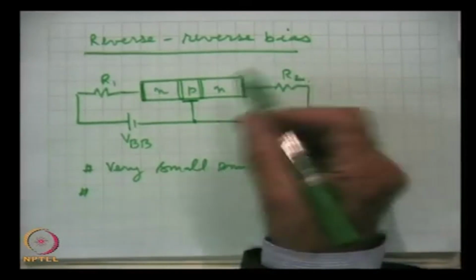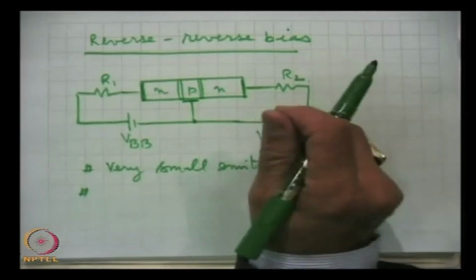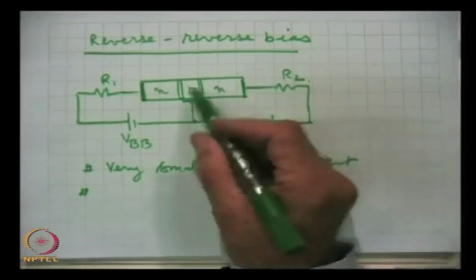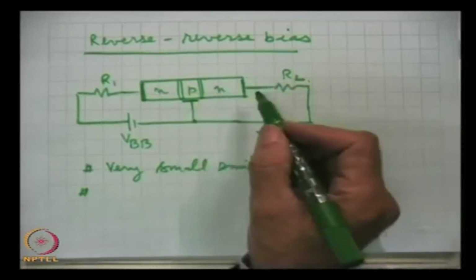Similarly, let us see what happens at the collector junction. At the collector junction, again this is a reverse biased junction.